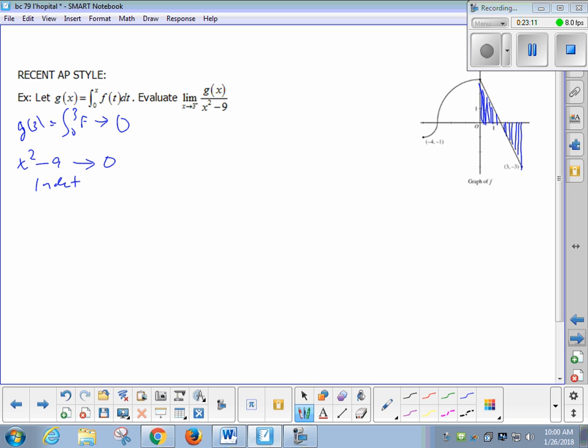All right, cool. We are justified in then using the derivatives, g prime over 2x, I suppose. But what is g prime equal to? Yeah, it's the derivative of the antiderivative of f, so just f over 2x. Now we can go at 3.